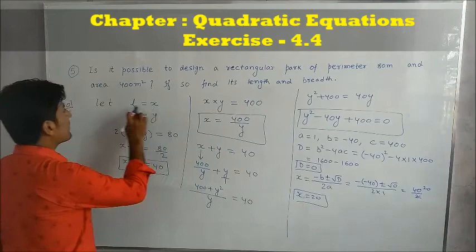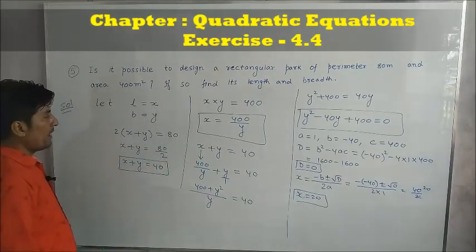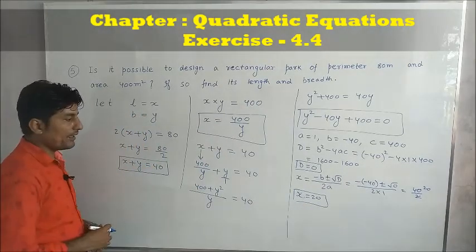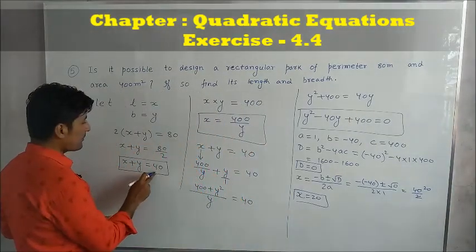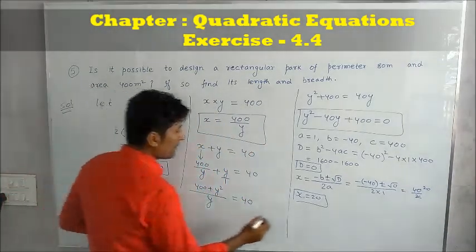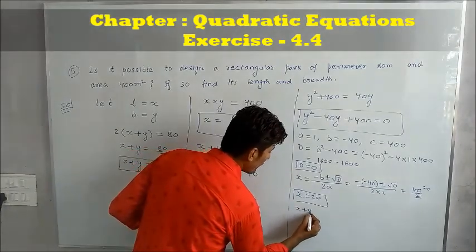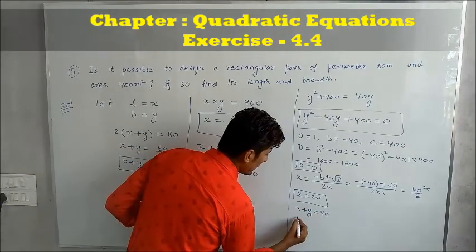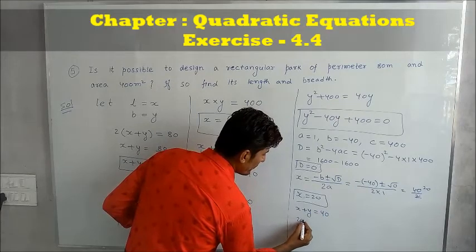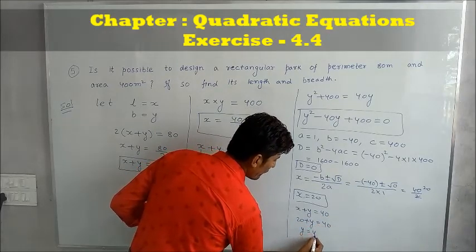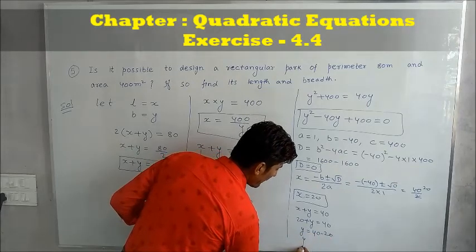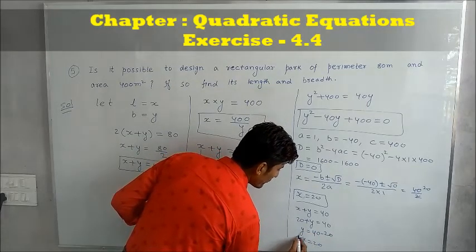Since x is the length of the park, after getting the length, we have to find the breadth. As we know, x plus y equals 40. So we can write the value of x is 20, plus y equals 40. y equals 40 minus 20, and finally the value of y equals 20.